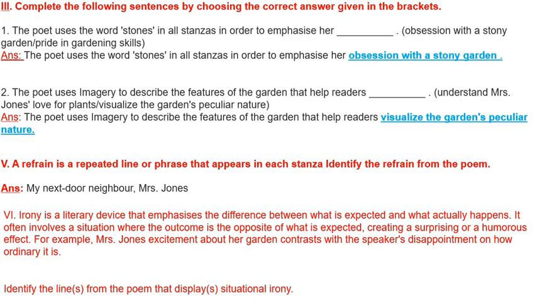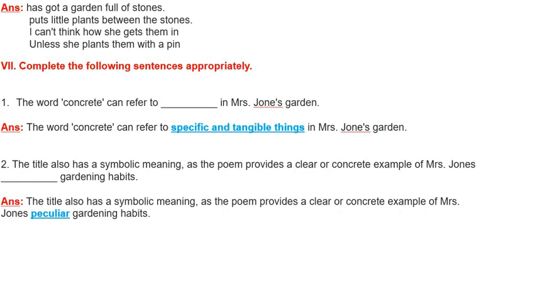Identify the line or lines from the poem that display situational irony. Now the answer will be, the lines are, has got a garden full of stones, puts little plants between the stones. I can't think how she gets them in unless she plants them with a pin.